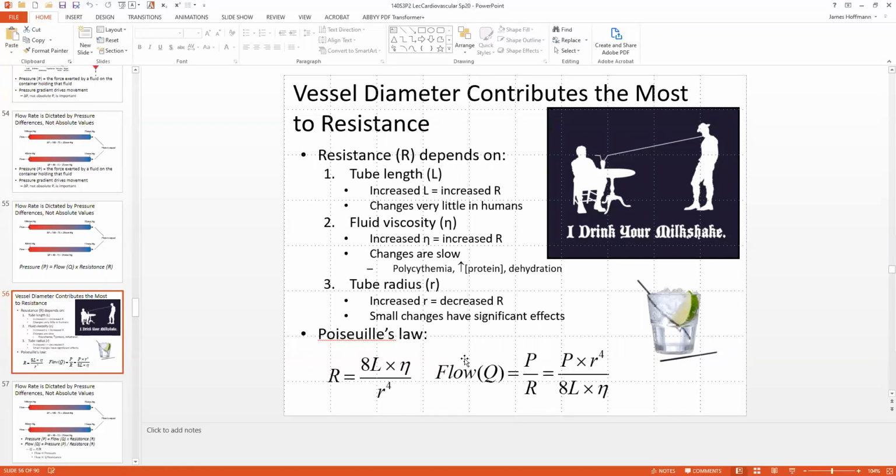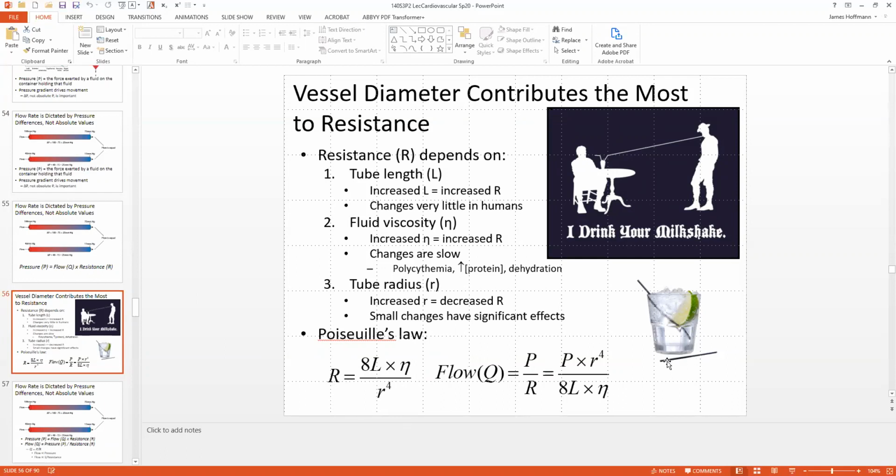But on the bottom part is the radius. Now we can't use big R for radius because it's already resistance, as you can see over here. Big R is resistance, so little r is radius. Radius is related to diameter. If you look over here at the bottom, we have those little stirring straws.